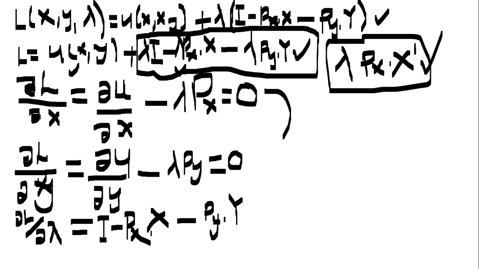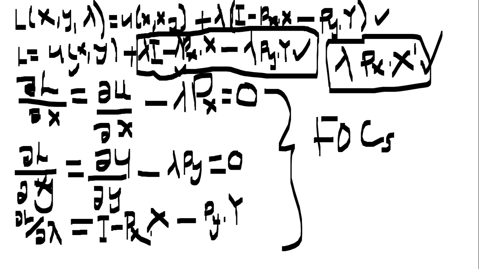So now what this means is that we now have the first order conditions. Are we equating this one to 0 as well? Yes, since it's the first order condition, we equate it to 0.